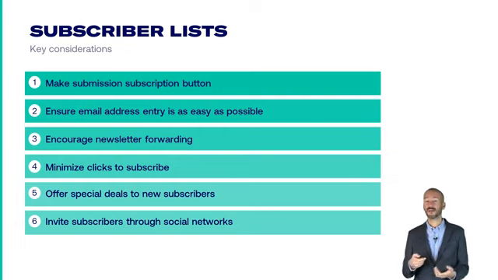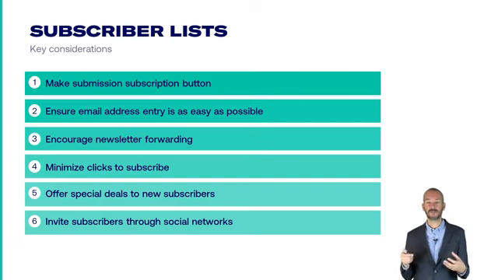Now, number five kind of gets into that incentive idea that we mentioned earlier, which perhaps you could offer a special deal to new subscribers, something that only a new reader can get. Sometimes it's a discount on a product, sometimes it's access to a product, sometimes it's access to new content. But again, when people join an email list, they're joining a community, they're joining a group of people with shared affinity.